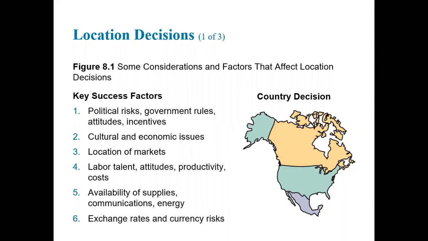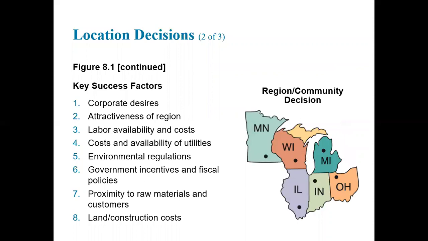And once we've made the country-level decision, then we go down to a slightly lower level, within a given country, where exactly do we want to site this facility? Those regional decisions tie into what benefits there are to siting a plant within a given state or a given county.